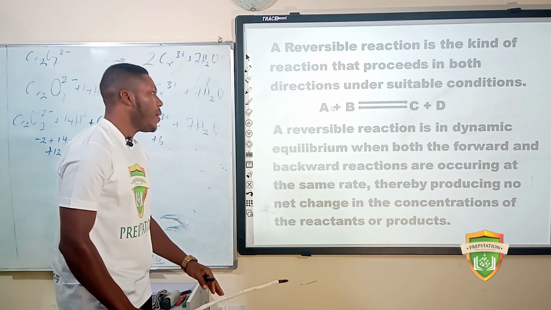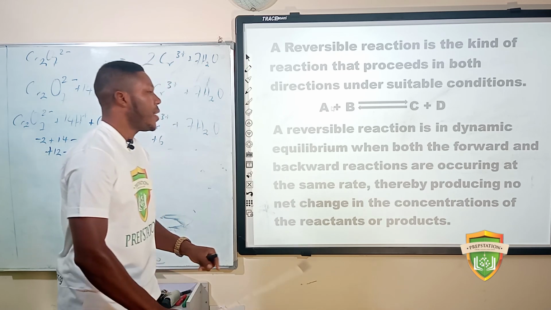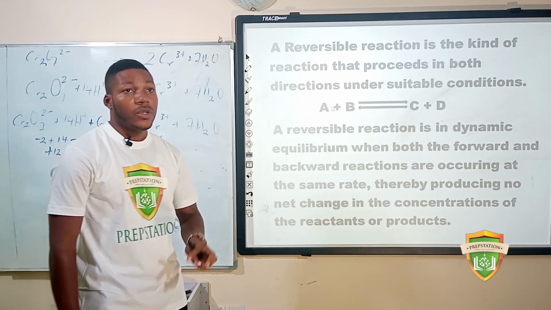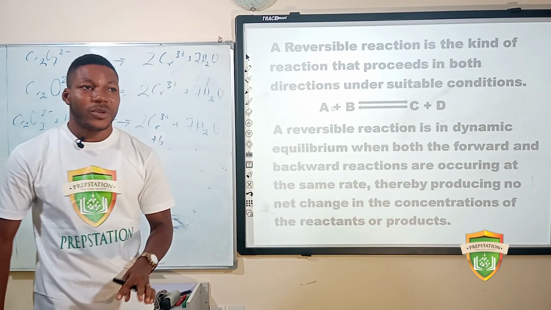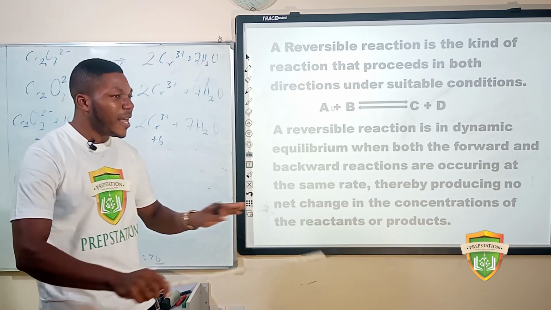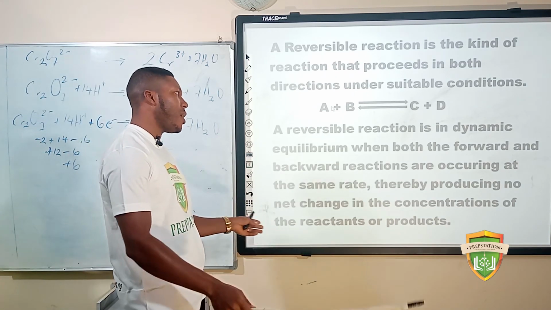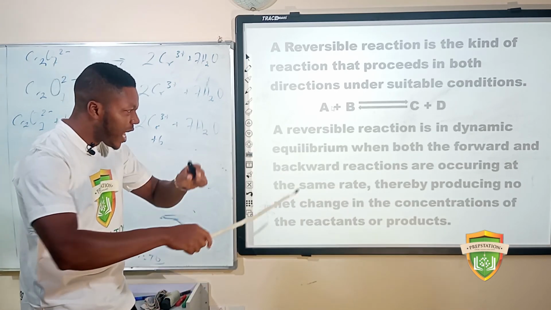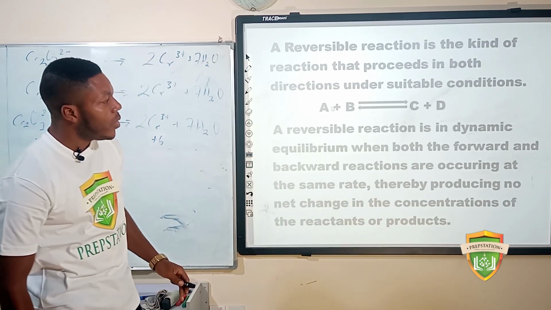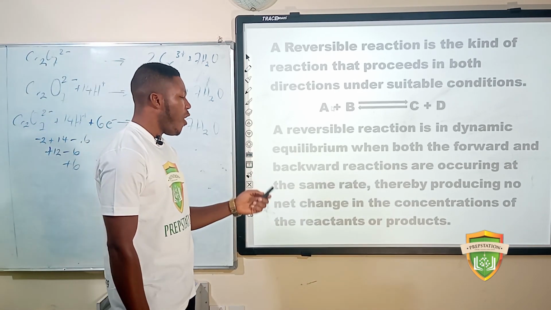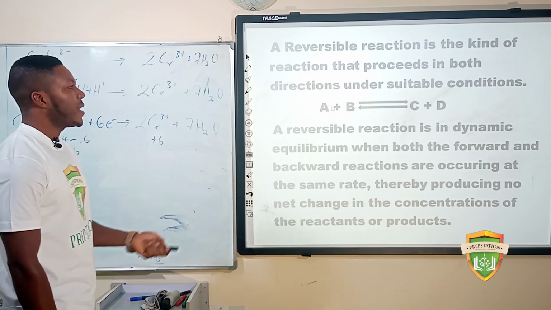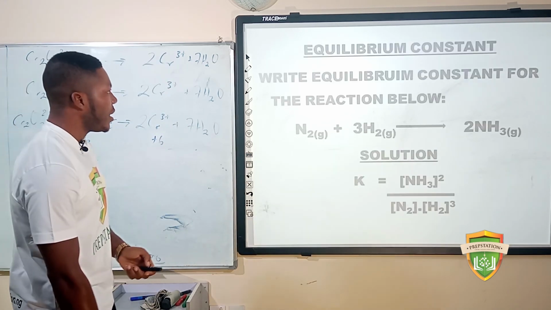Now, when we talk about dynamic equilibrium, there is no change in concentration, no change in pressure, no change in temperature. Everything is the same. Nothing is coming in, nothing is coming out. Net equilibrium is actually balanced. So at that time, there is no effect from concentration, from catalyst, from pressure, and otherwise.